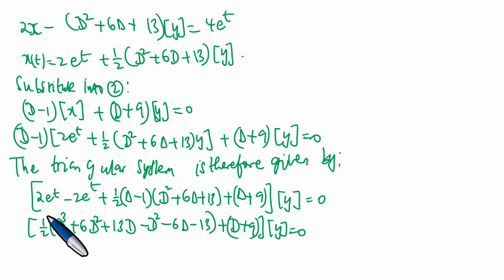To make things easy, because there's this half, that's like a disturbance, you can multiply everything by 2 here. And if you do that, that's going to be d cubed. You can even add the squares here, 6d squared, and that is going to be 5d squared.